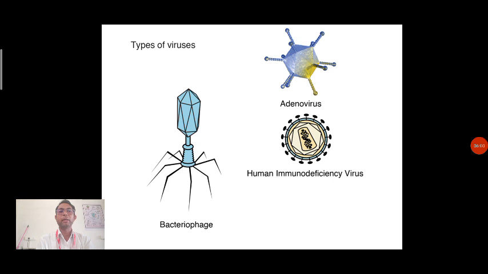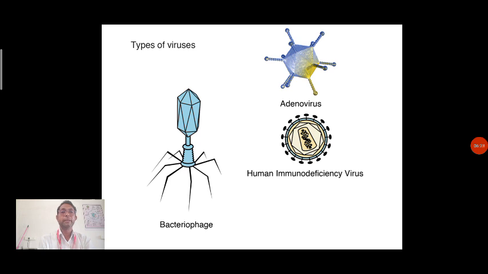Now, types of viruses. Depending on their host, we can say that viruses are of different types. For example, here the bacteriophages are given, then adenovirus, then human immunodeficiency virus. When we compare structures, we can see there is a lot of difference between these particular types of viruses.